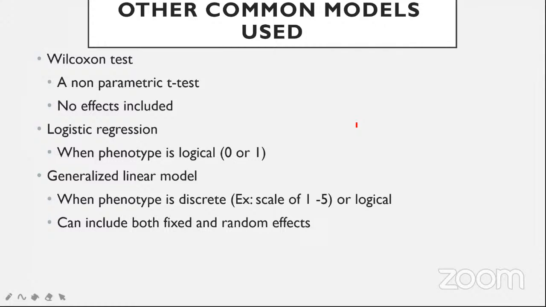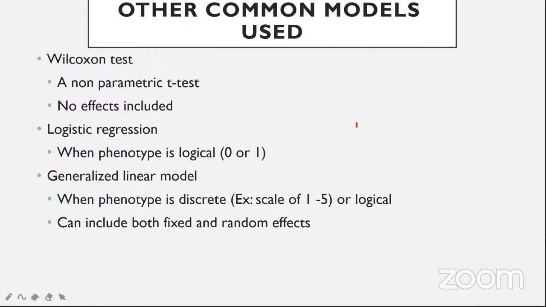So other than the regression equation, we could use other tests based on your phenotype. You could use a Wilcoxon test, which is a non-parametric t-test. And here no effects or no covariates are included. And then you have a logistic regression when your phenotype is binary.